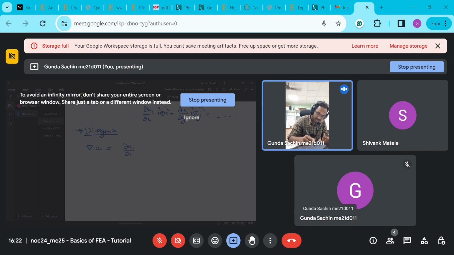So it would look like dou u1 by dou x plus dou u2 by dou y plus dou u3 by dou z. This is the dot product, whatever you are saying. Okay, and it will give a scalar component. So tensor order is 0. Something like it reduces by one order.